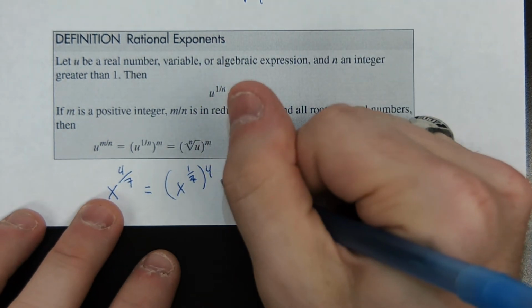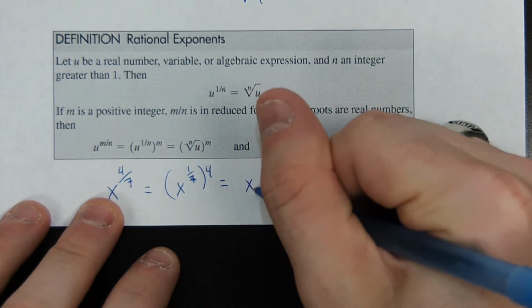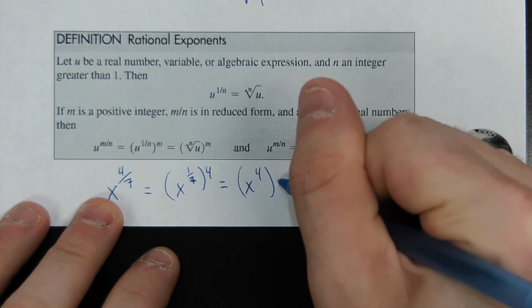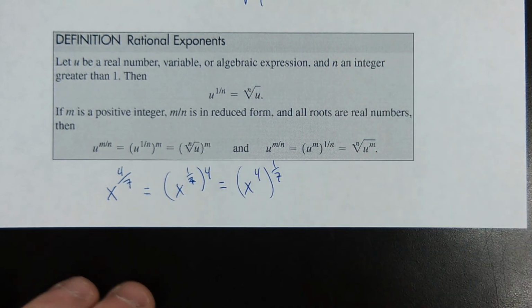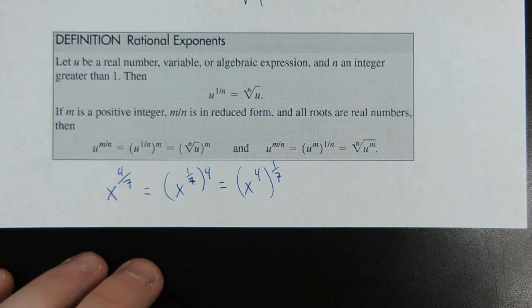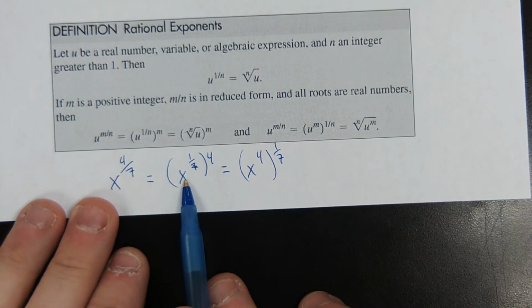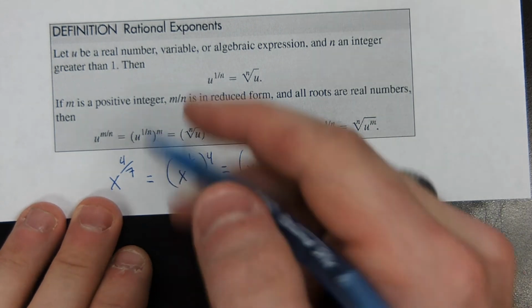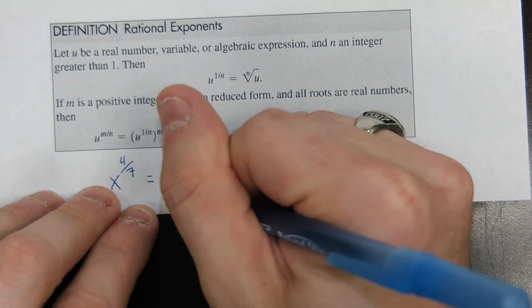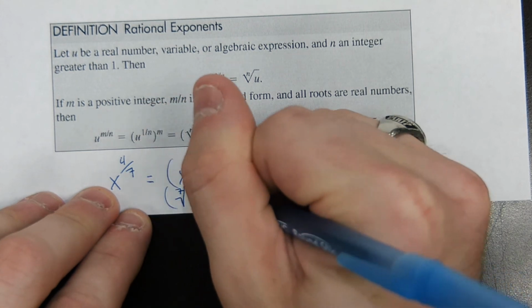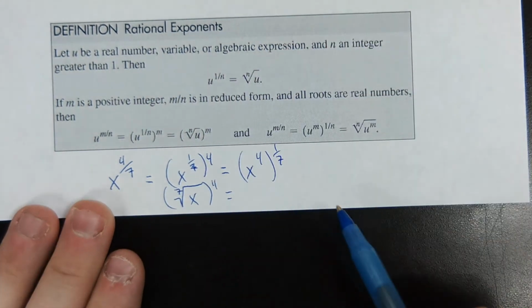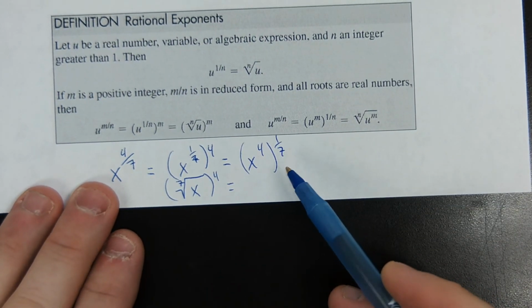Or it could be written as x to the 4th to the 1/7, because multiplication doesn't care about order. And in radical form, this would be the 7th root of x, quantity to the 4th. See if I could squeeze it in down here. 7th root of x raised to the 4th. And this would be the 7th root of x to the 4th.